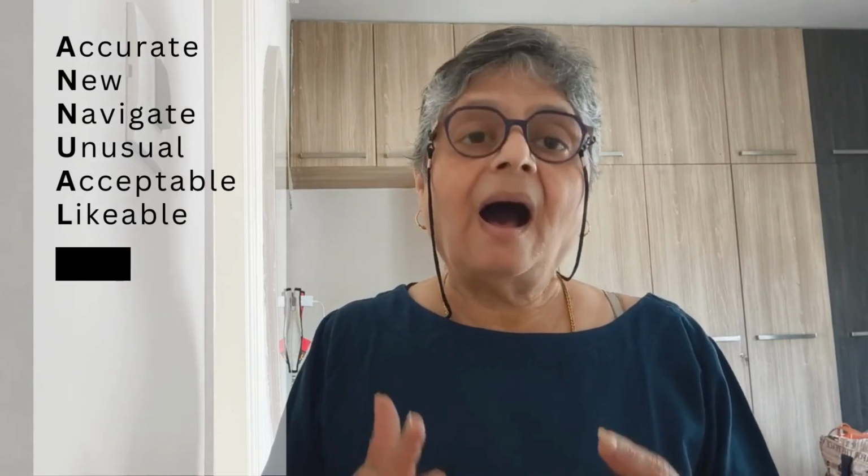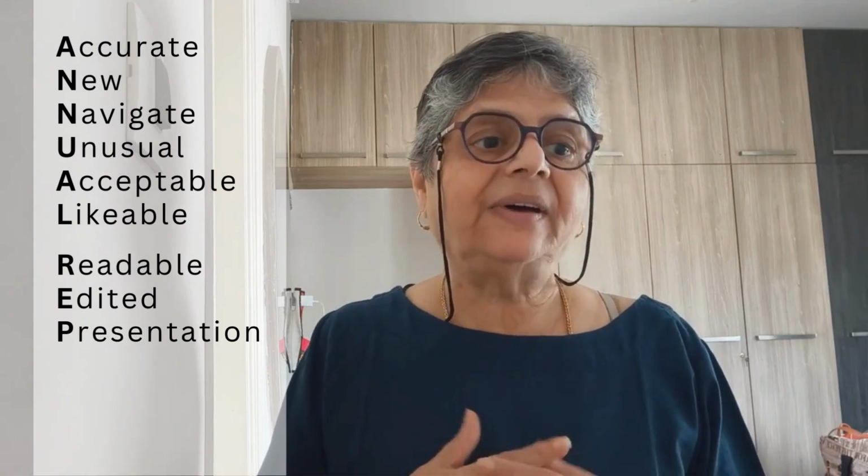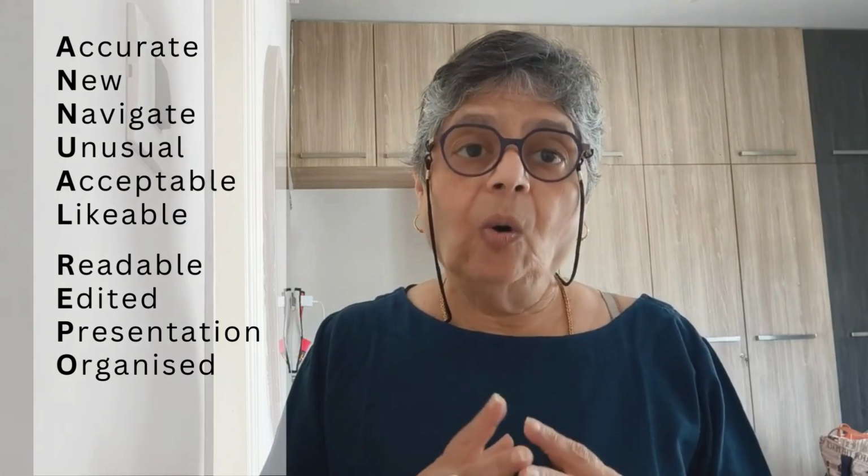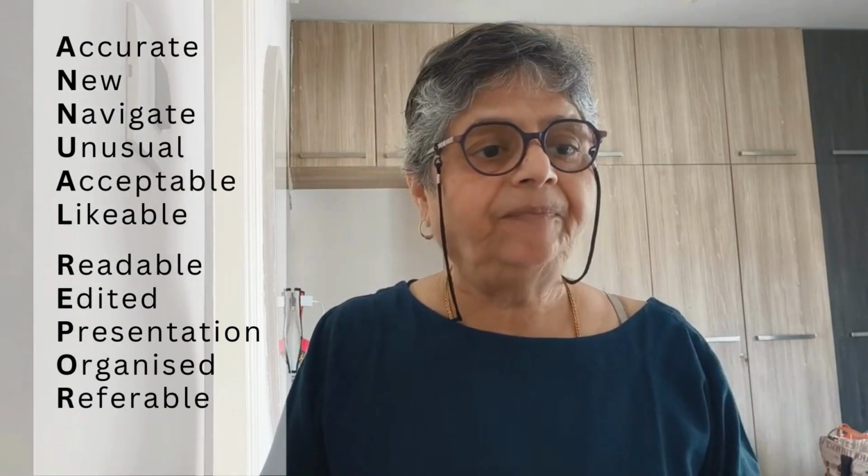L, liked by all. R, readable. E, it should be edited well. P, presented well. O, organized in a nice structured way. R, referable, if people want to get back to refer to what happened the previous year. And the last T, textualized.